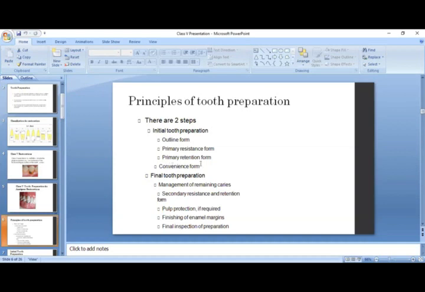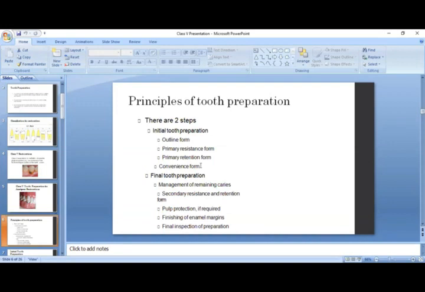And what is the convenience form? Convenience form means, as the word defines itself, how you place or put the restorative material in the cavity. It should be in a very convenient place so that you can put all of the filling material into the cavity.